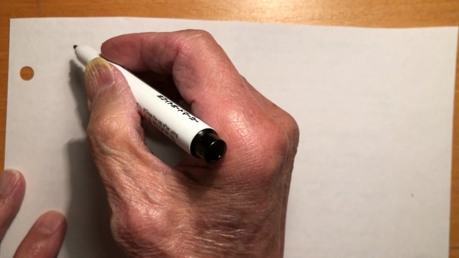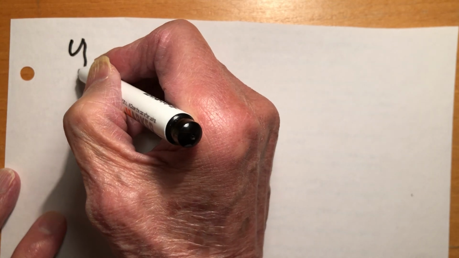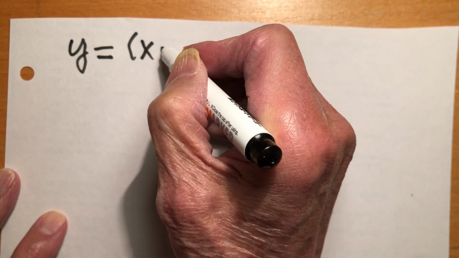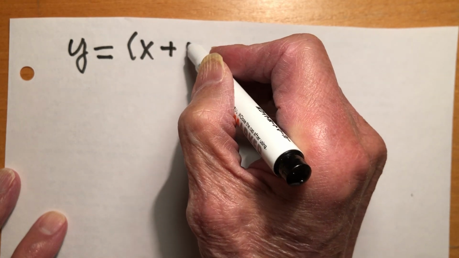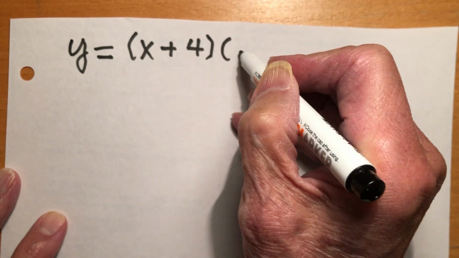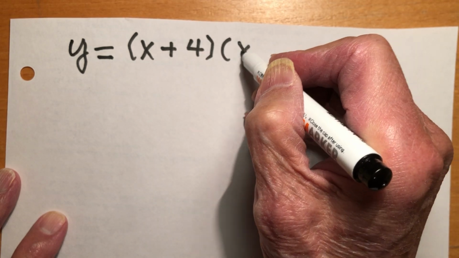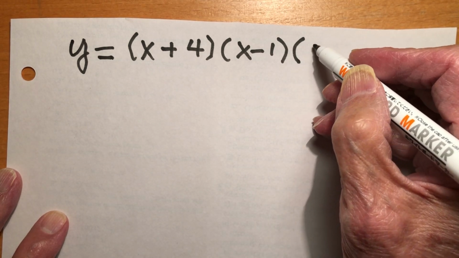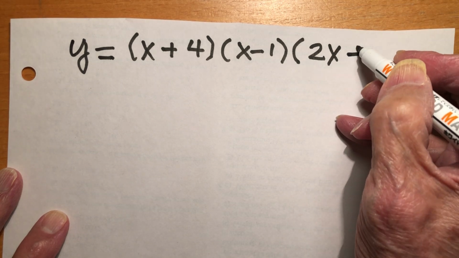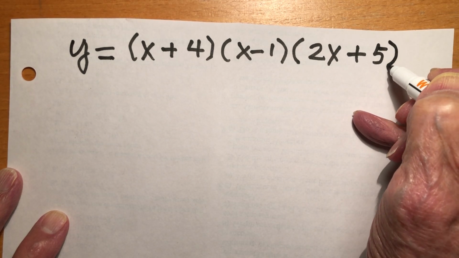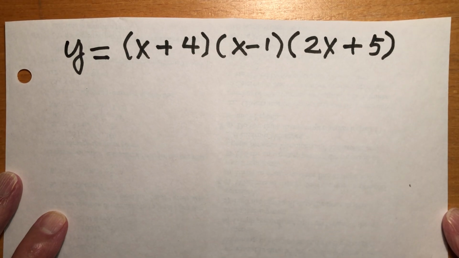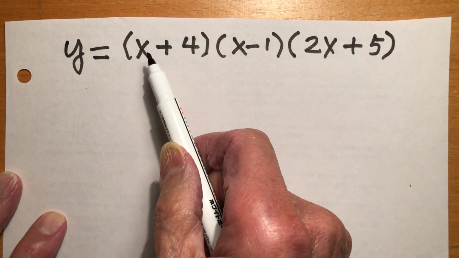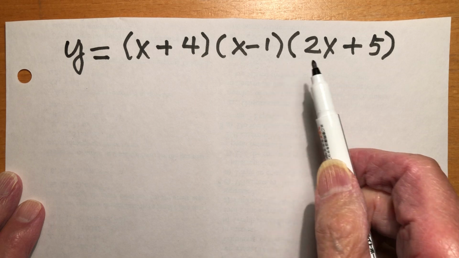Let's have an example. This is a polynomial function. If you expand this, then you have many terms.